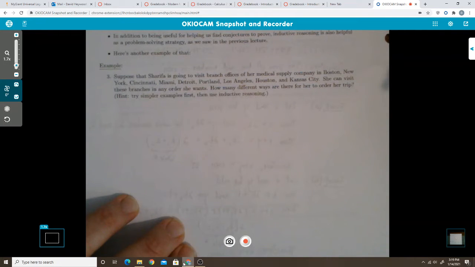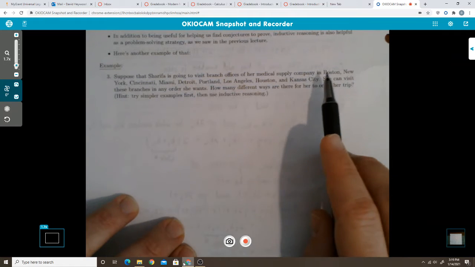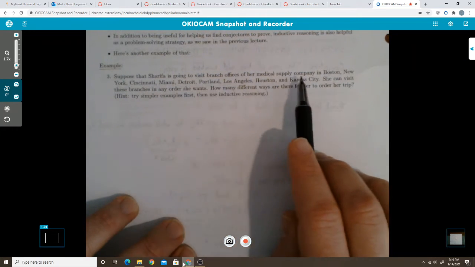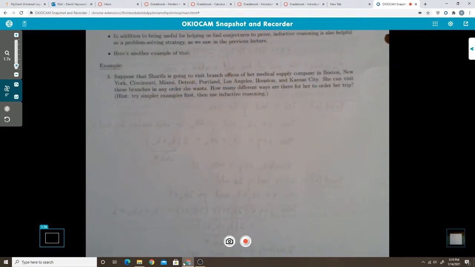Okay. So simpler examples. It looks like we've got 1, 2, 3, 4, 5, 6, 7, 8, 9 cities. Thinking of all the different ways to put 9 things in order, that's a pretty daunting task. So let's start with something smaller. Let's start with one thing.